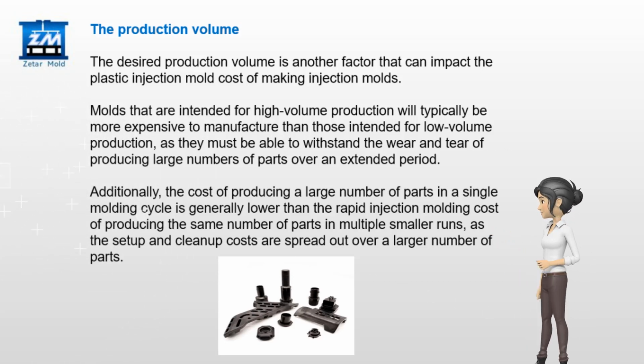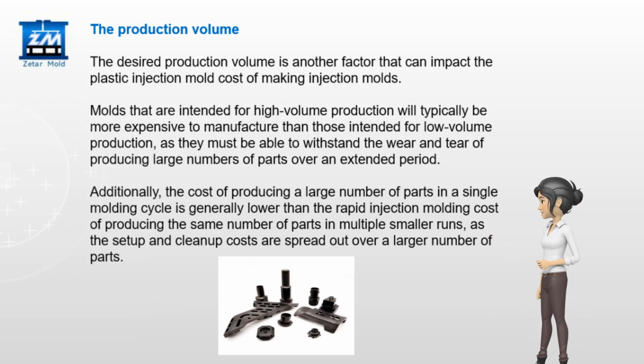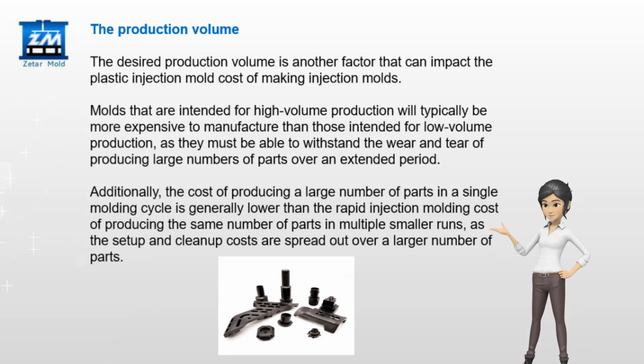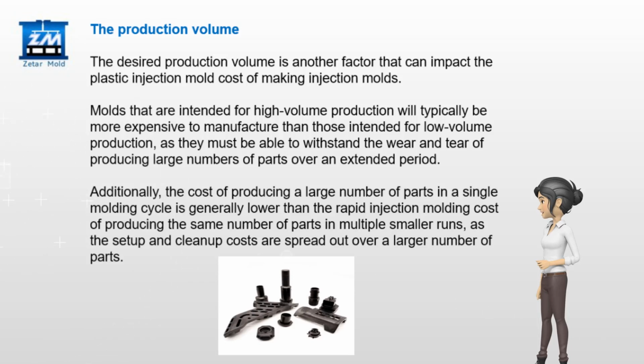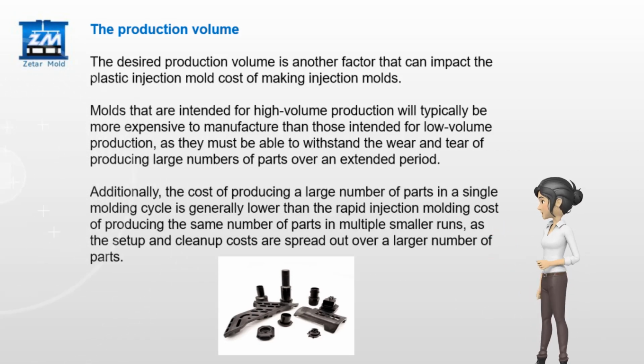Additionally, the cost of producing a large number of parts in a single molding cycle is generally lower than the cost of producing the same number of parts in multiple smaller runs, as the setup and cleanup costs are spread out over a larger number of parts.